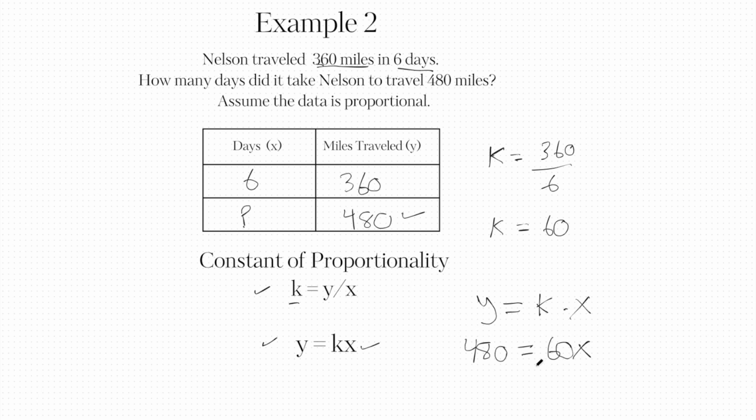Now I'm going to divide both sides by 60, like you would to solve an equation. When I do 480 divided by 60, you get x equals 8. So the answer is, it would take Nelson 8 days to travel 480 miles.